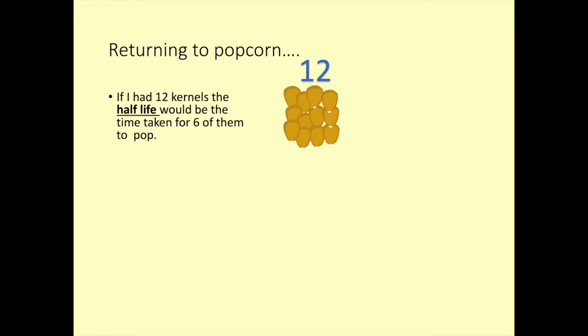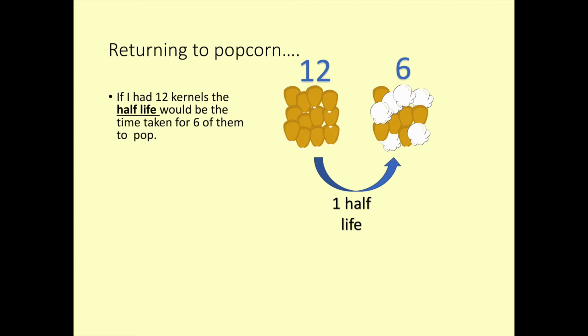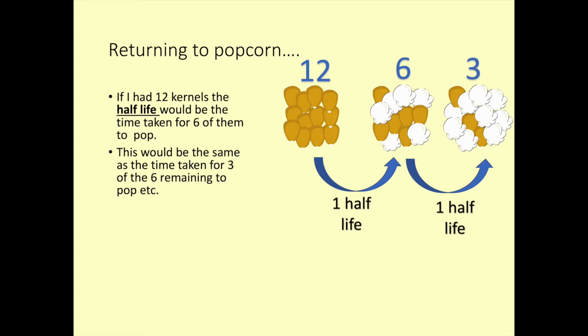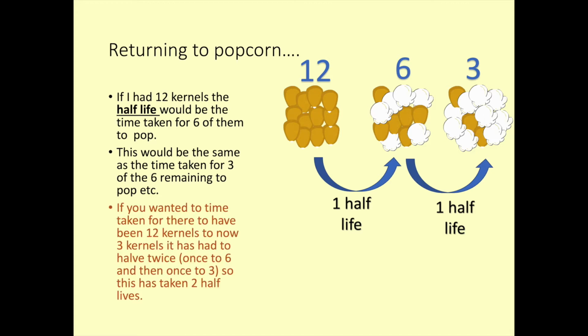Our popcorn analogy now. If I had 12 kernels, then the half-life would be the time taken for 6 of those kernels to pop, and this would be the same as the time it takes for 3 of the 6 remaining to pop. But if we wanted the time taken to go from 12 kernels to 3 kernels, that's 2 half-lives.